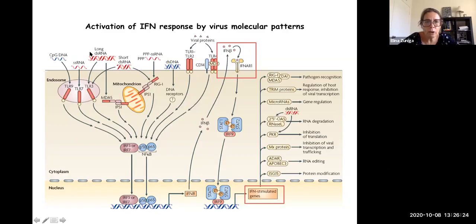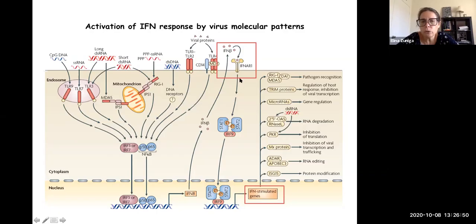So we already learned how interferons are induced, so we will not repeat that. But remember, pathogen recognition receptors lead to the activation of IRF, and IRF will promote production of interferon alpha and beta. Now this interferon is secreted, like all cytokines are secreted, and it will act on the interferon receptor, okay?